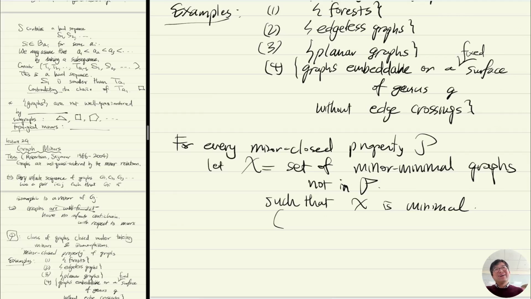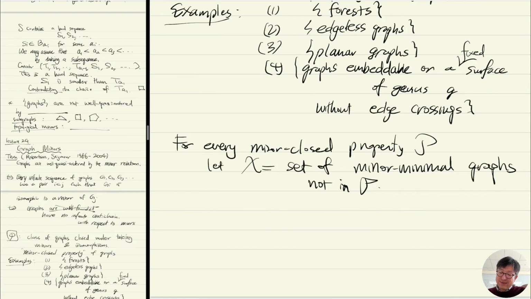There's some slight issue. What's the issue? I want to say that X is finite, but it contains all the isomorphic graphs.